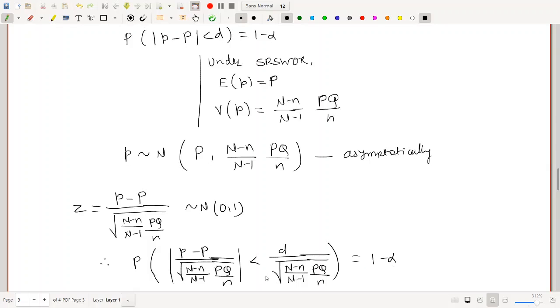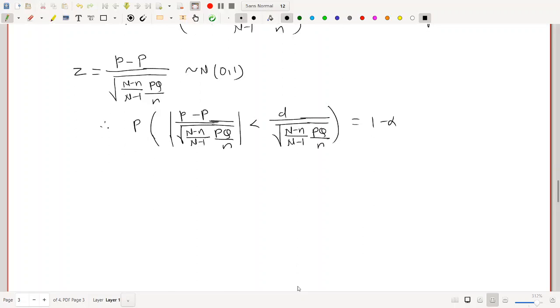For a positive quantity, mod of that quantity is that quantity itself. Here we had written a mod and here we had not written a mod, so we can write mod also. So mod of this quantity is this quantity itself.